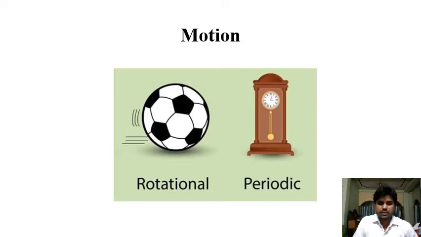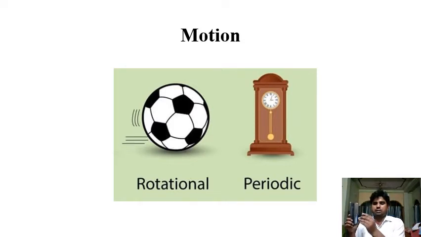Okay, students, so let's see. I will give you one example also. What is rotation? So rotation just means rotating on its own axis, like I am rotating this mobile. I am rotating this mobile and it is not rotating around some other object.